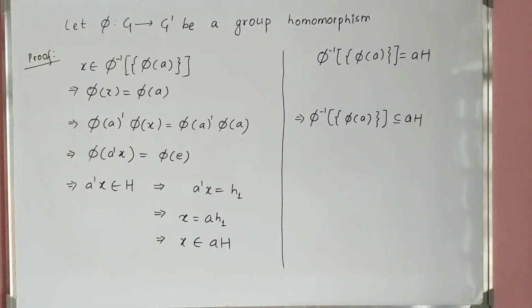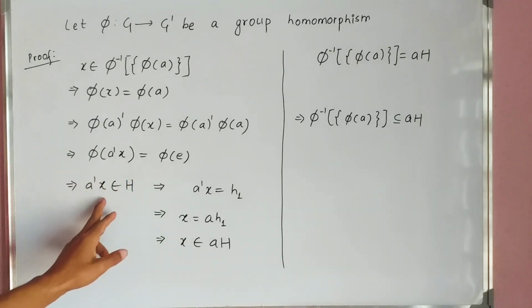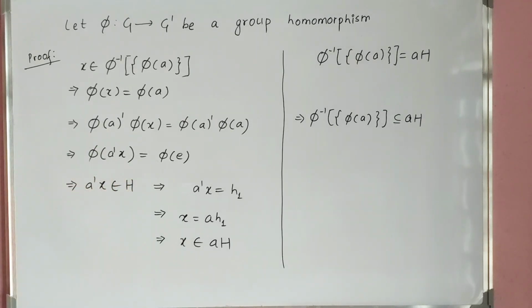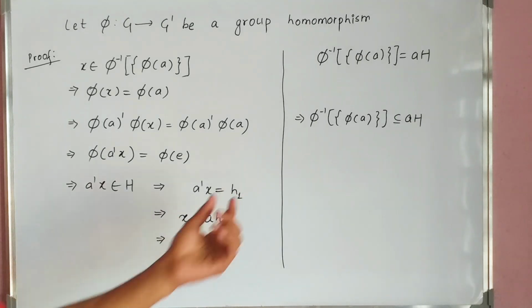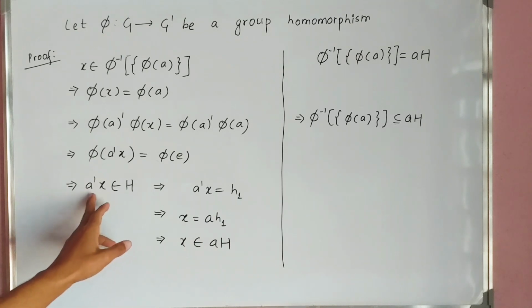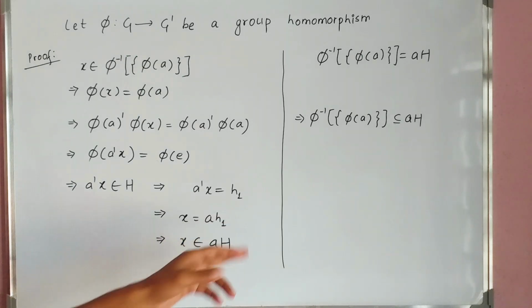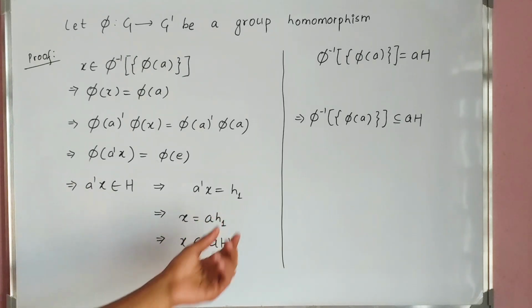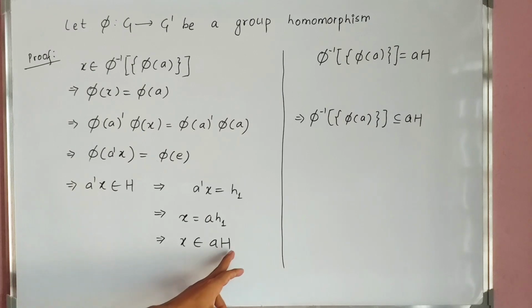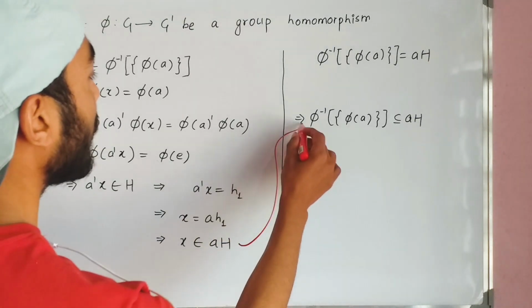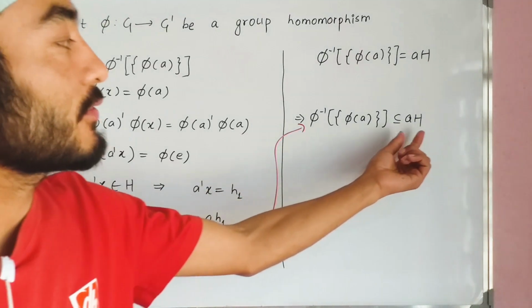Now from the definition of the kernel of φ, we must have this element a⁻¹x belongs to the kernel H, and this implies there exists some element h1 in the kernel such that a⁻¹x equals h1, and this gives us x equals ah1. Because ah1 belongs to aH, x belongs to aH, and this shows that φ⁻¹(φ(a)) is a subset of aH.